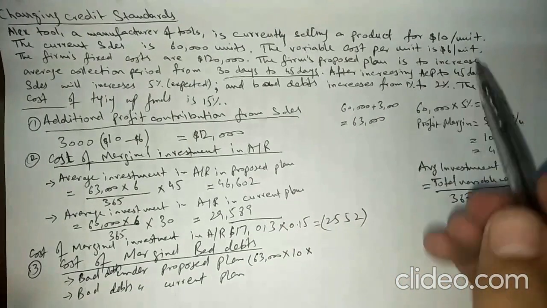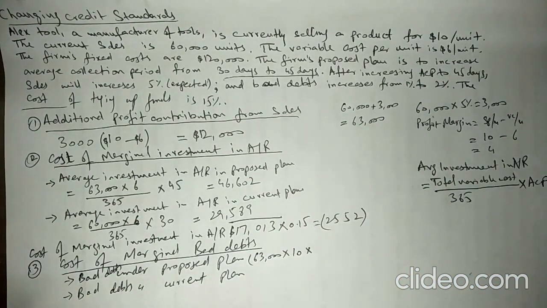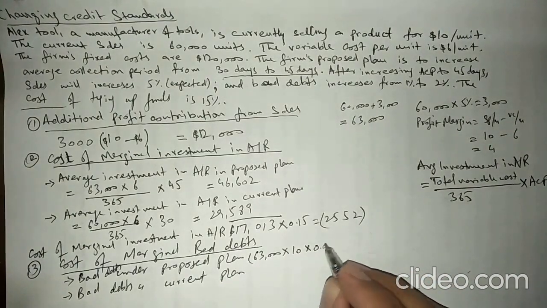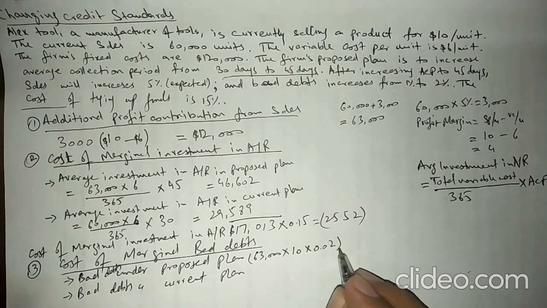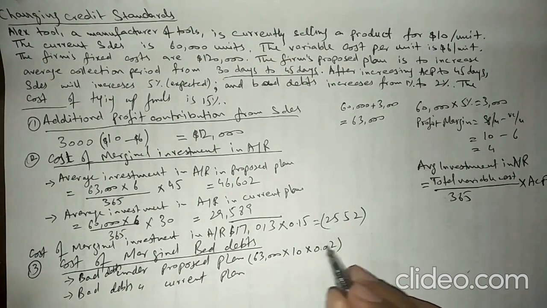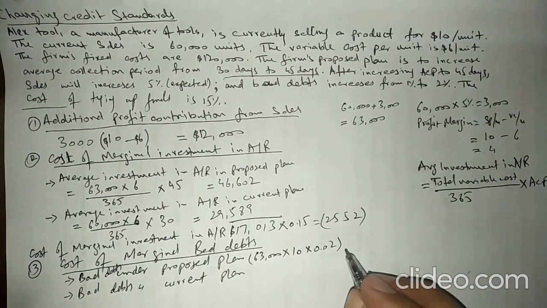In proposed plan, the bad debts are 2%. And here we are talking about the proposed plan. So revenue multiplied by 2%. If we multiply revenue by 2%, that's how we can calculate a bad debts. Because on revenue, the bad debts will be 2%.